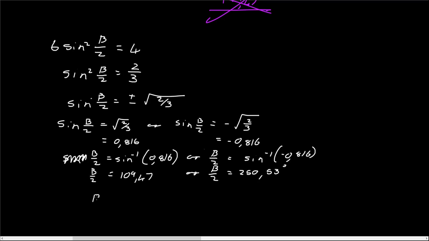Then we're just going to take that 2 across, and that says b is then equal to 109.47, or b is equal to 250.53 degrees.